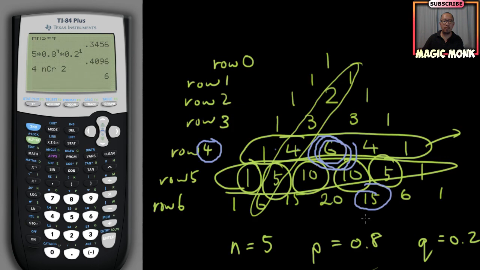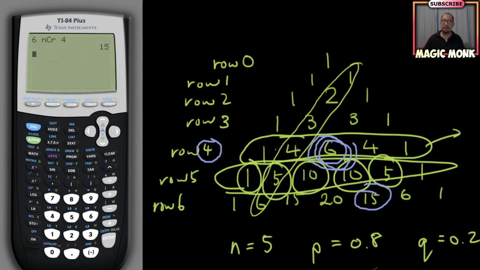The fourth number on the 6th row, you just go 6, math, go right to probability, go down to NCR, enter, 6 NCR 4, and guess what you have?